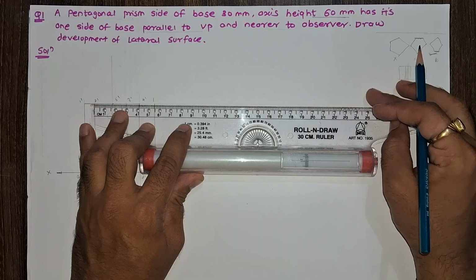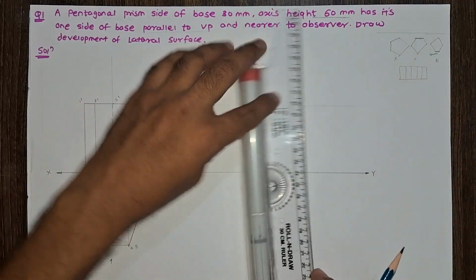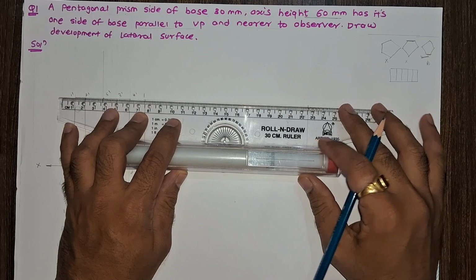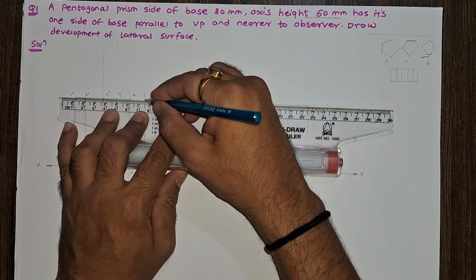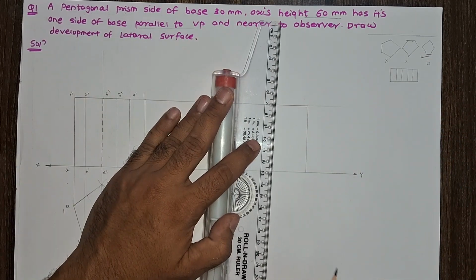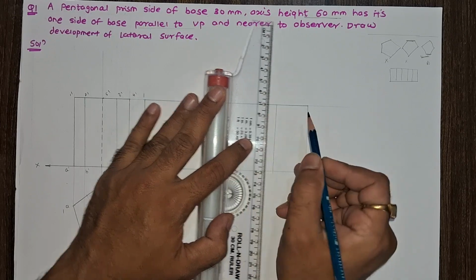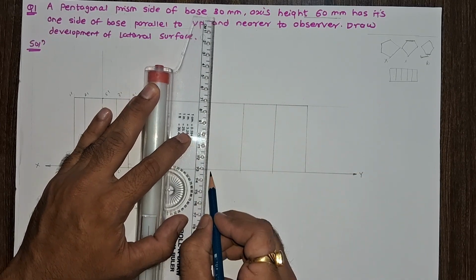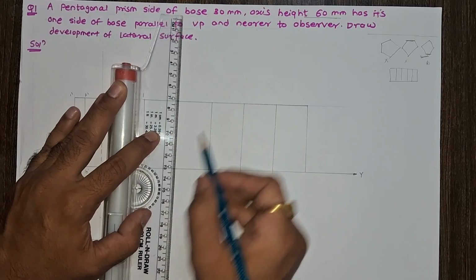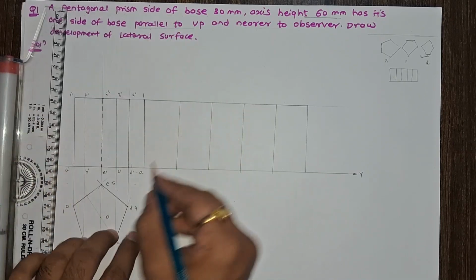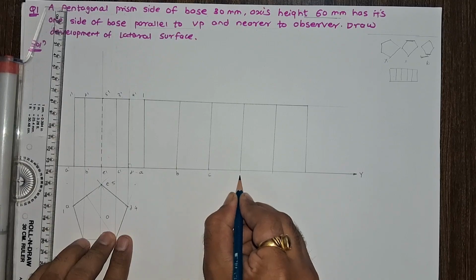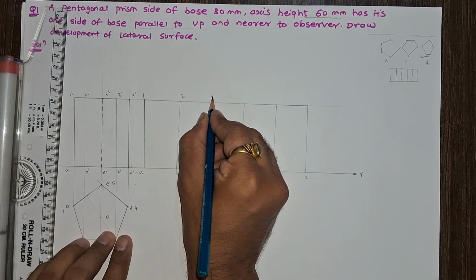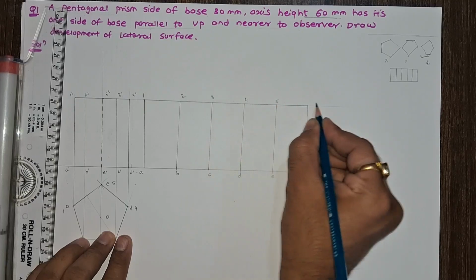Now draw the development. Draw the vertical lines. These are the edges of the pentagonal prism. So this is point A, B, C, D, E and A. This is 1, 2, 3, 4, 5 and 1.